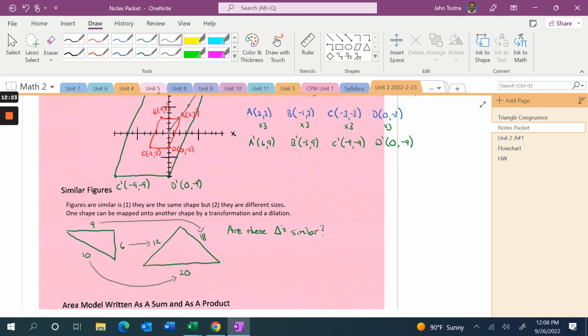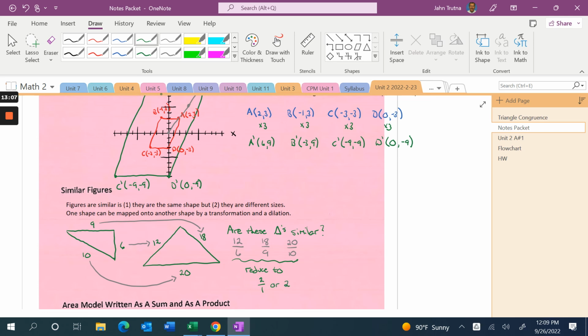Okay, so what we have here is that the 6 would go to the 12, the 9 would go to the 18, and the 10, the side that's 10 in the small triangle, would be mapped to the side that's 20 in the big triangle. Okay, and if you notice, when I wrote out the mappings of what side corresponds to the other side, all three of these ratios reduce to 2 over 1, or 2.